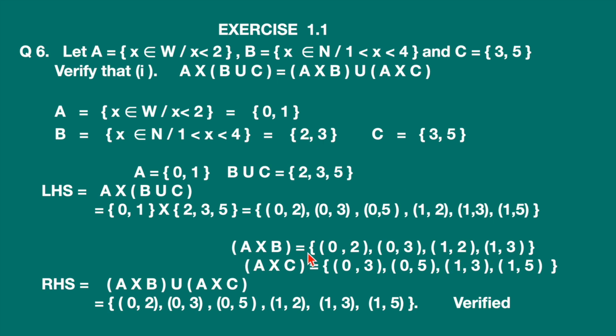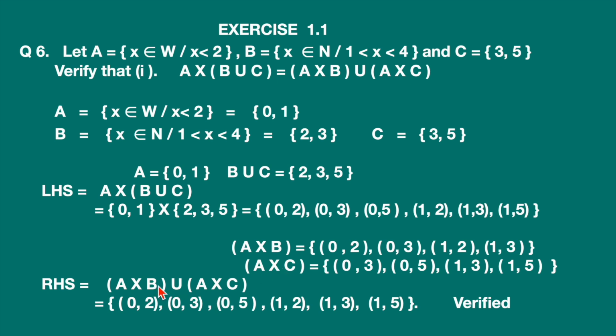This is A cross B. Let's write down A cross C. So this is the set {0, 1} and {3, 5}. So let's write down the ordered pairs (0, 3), (0, 5), (1, 3) and (1, 5). So this is A cross C.